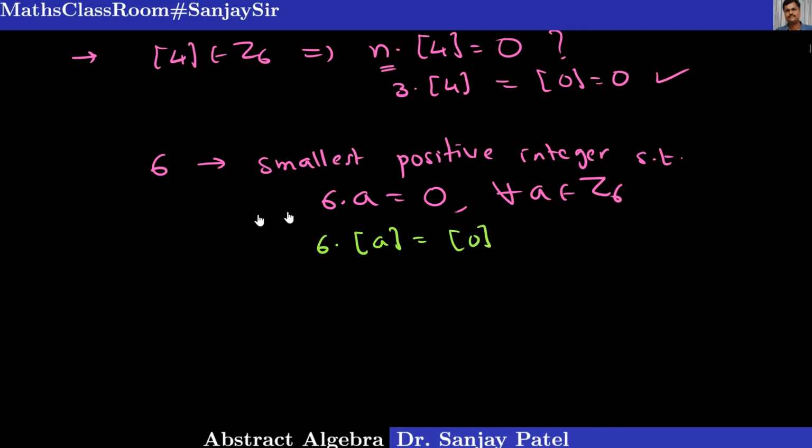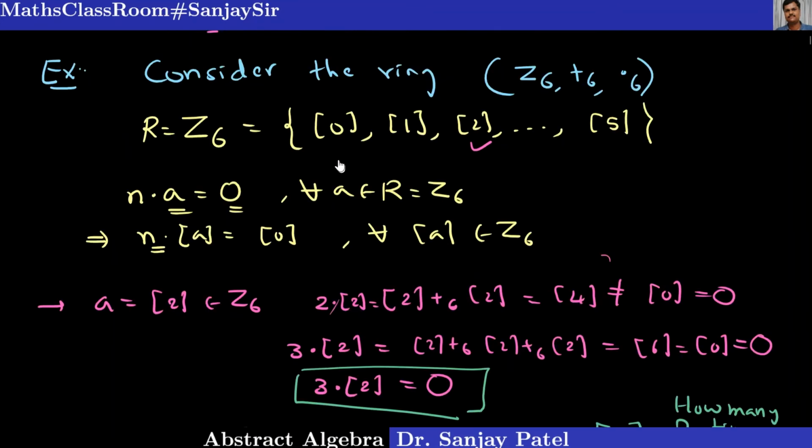You take all the elements from the ring Z6. Say 0, if you add 6 times, you will get 0. Class 1, if you add 6 times, that we have written is 0. 2, if you add 6 times, 2 plus 2 plus 2 plus 2, 6 times gives you 12, and 12 equals 0. 3, if you add 6 times, 3 plus 3 plus 3 plus 3, 6 times gives you 18, and 18 is congruent to 0 mod 6.